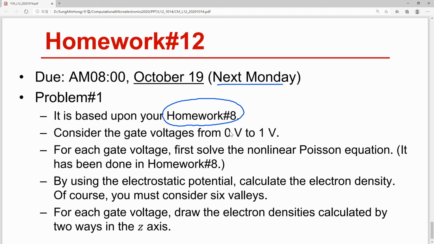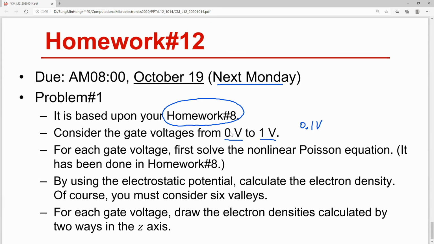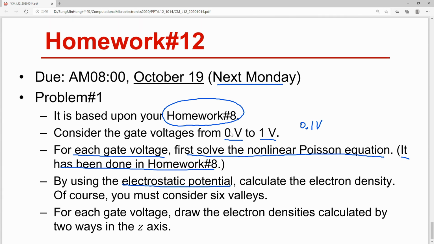Consider gate voltages from 0 volt to 1 volt with 0.1 volt spacing. For each gate voltage, first solve the nonlinear Poisson equation. You don't have to do additional effort, since it has already been done in your homework number 8. Then take this electrostatic potential and treat it as just a given number.